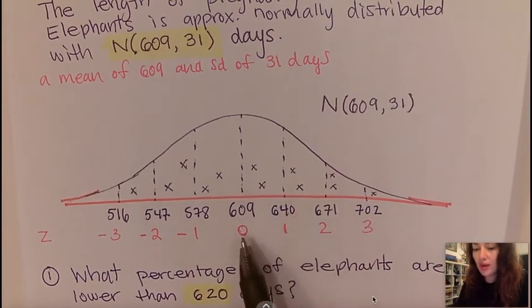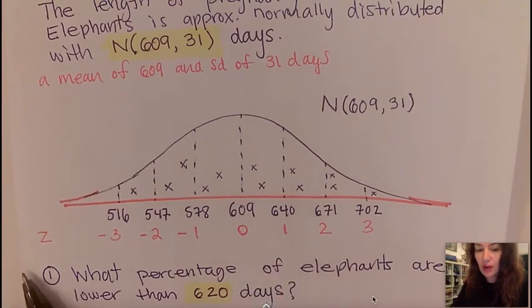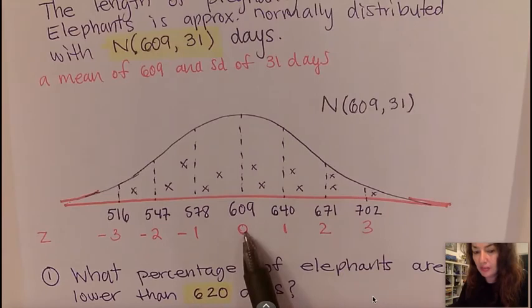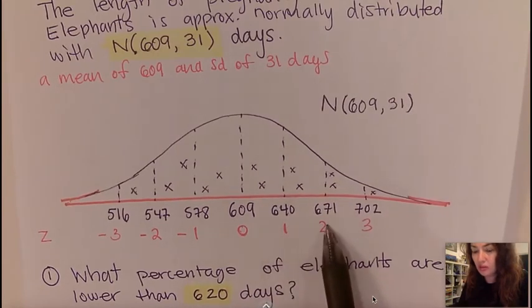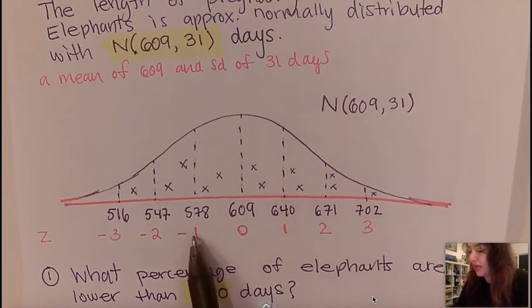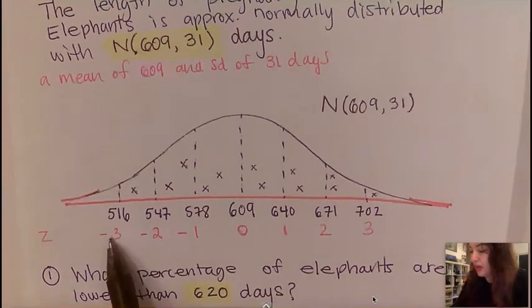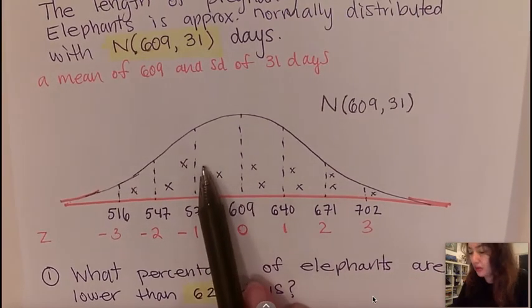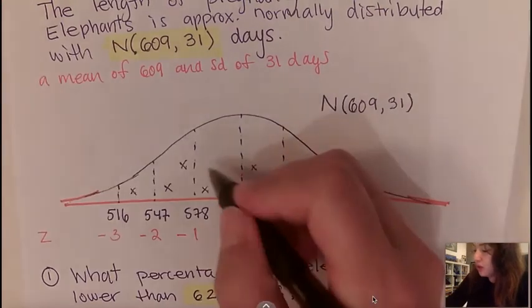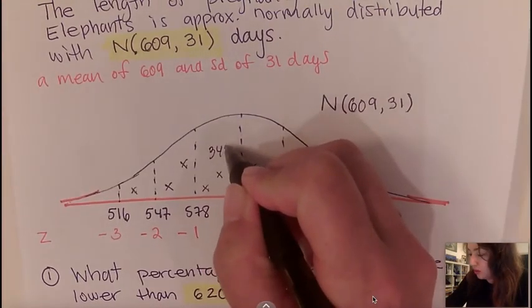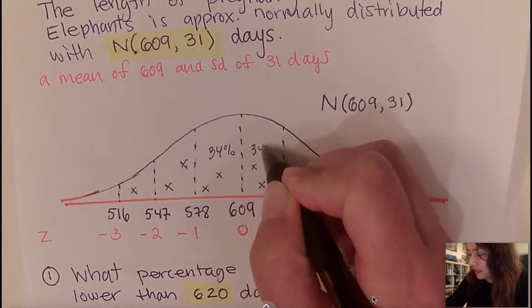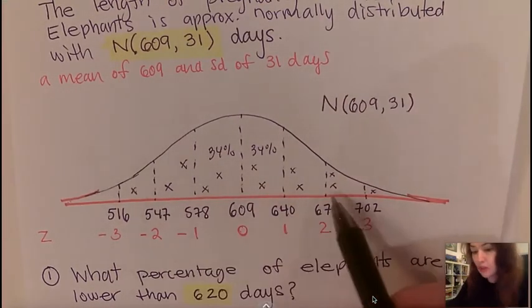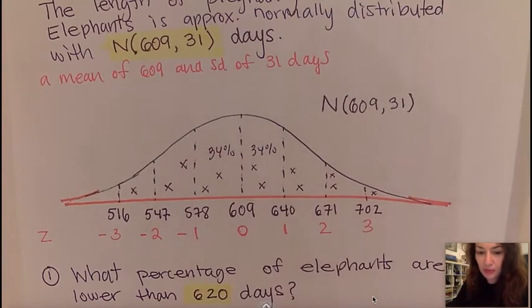We have one standard deviation for a z-score, so 0 is the mean, this is 1, 2, 3 standard deviations, -1, -2, and -3. We also know the breakdown of the percentages using the empirical rule, so we know that it is approximately 34% one standard deviation left and right of the mean, and so on. I'm not going to fill out all the percentages.